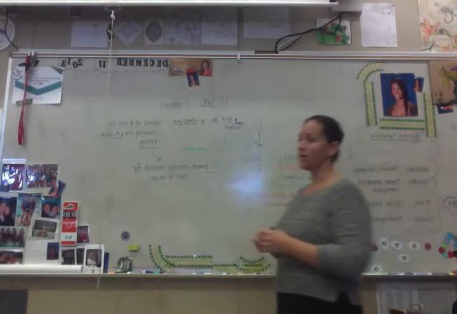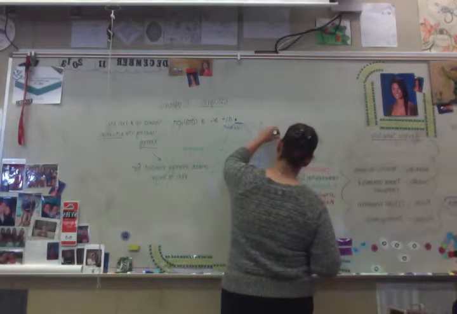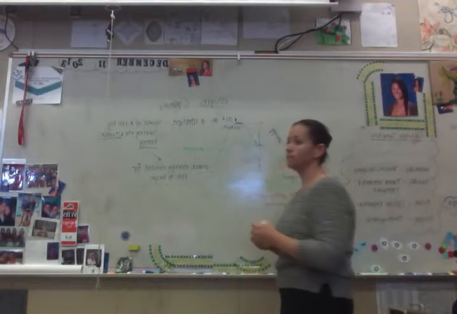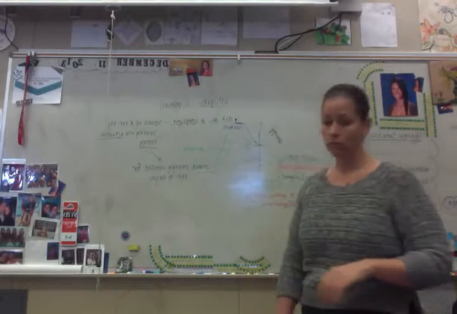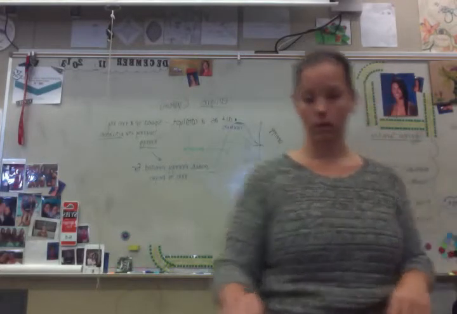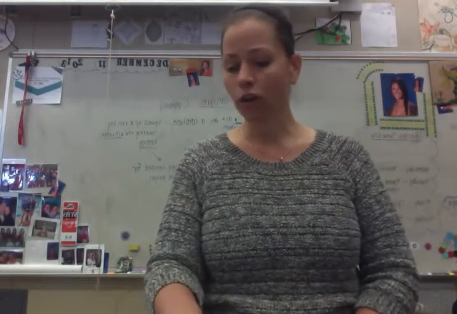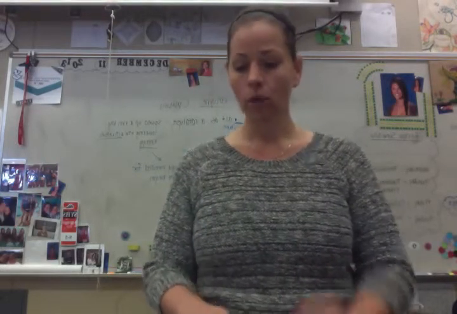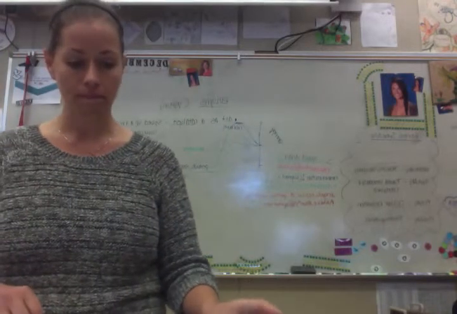Blue is no enzyme. And this would be energy. They have a picture of both on page 153. The black would be without the enzyme, the red would be with the enzyme.